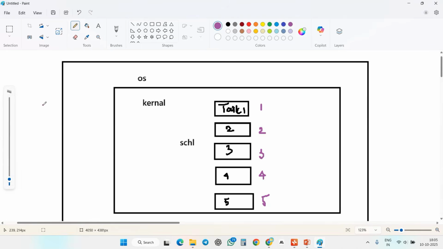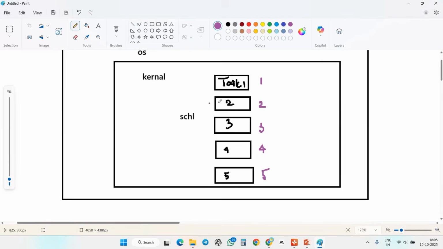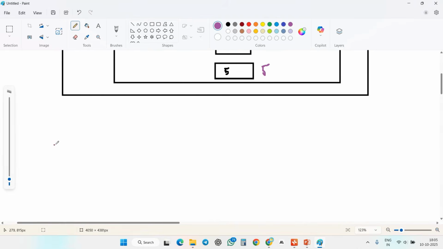I already told you the concept: it varies based on your RTOS. If you are using FreeRTOS, the lower number, like 1, has a higher priority compared to 5. The smaller number indicates the higher priority.